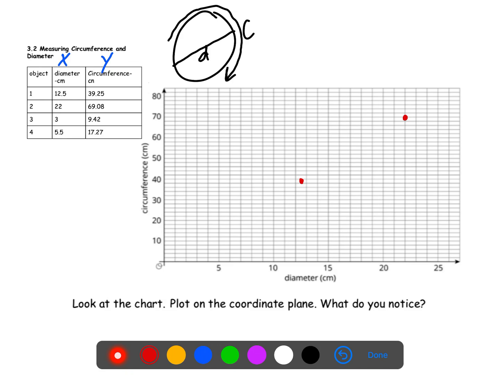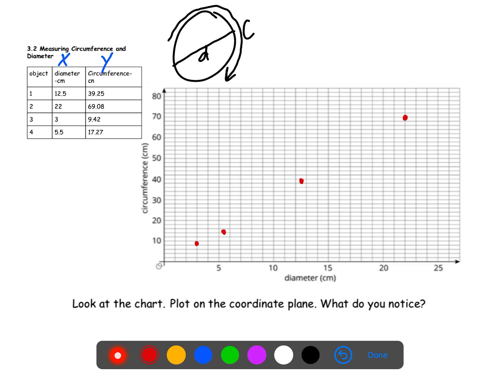You can see the diameter is only 3 centimeters for object 3, and about 9.5 centimeters for the circumference. And then finally, a diameter of 5.5 and circumference of about 17. So we'll put that point there.